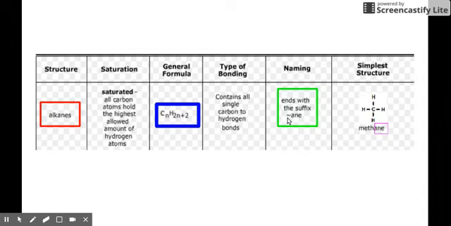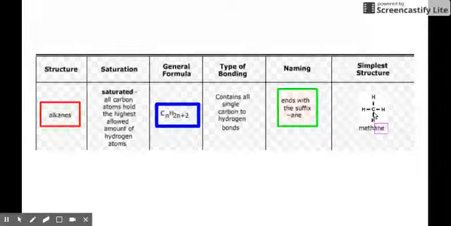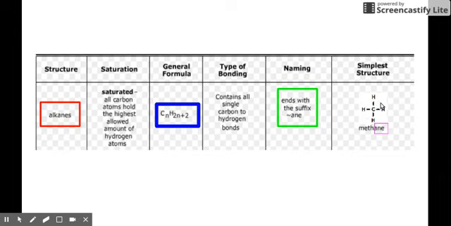The name of all alkane compounds should end with a suffix "ane", A-N-E. An example is the simplest alkane molecule, which we call methane. Methane is the simplest alkane because it contains only one carbon, so therefore its formula will be CH4. All four of the hydrogens will surround carbon.